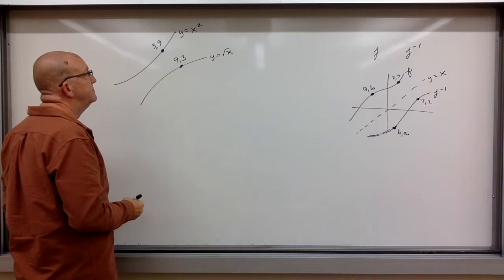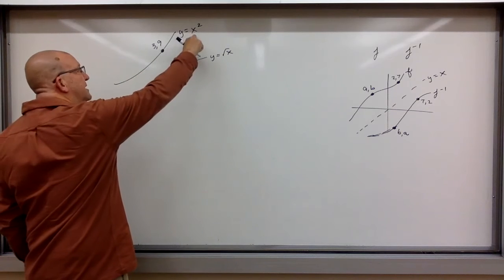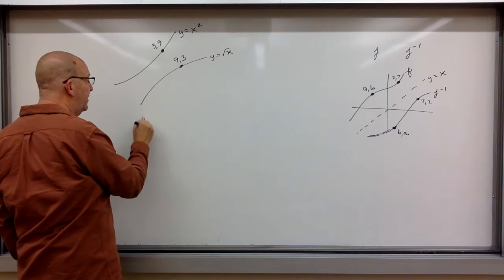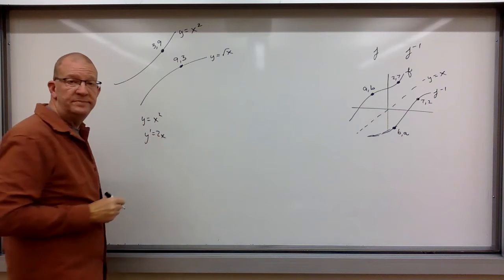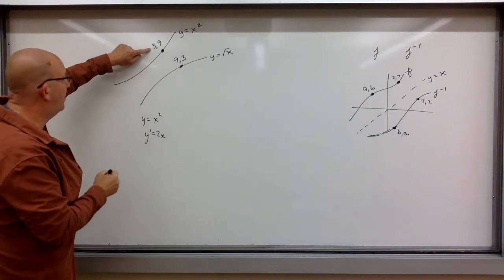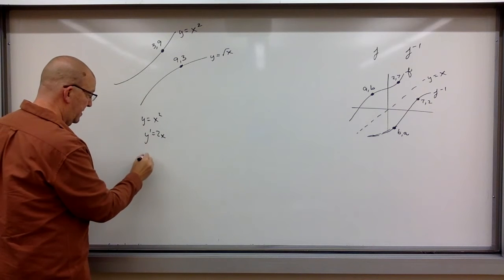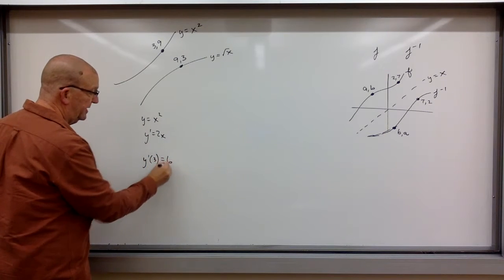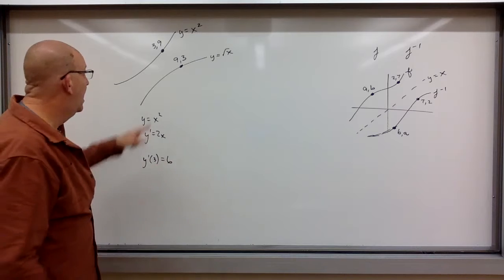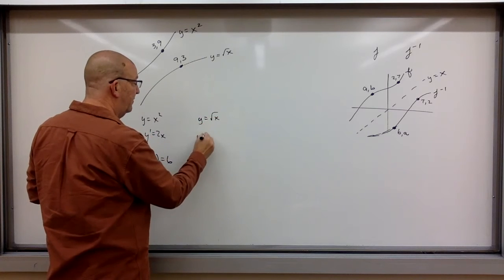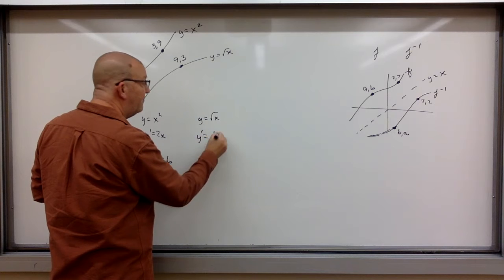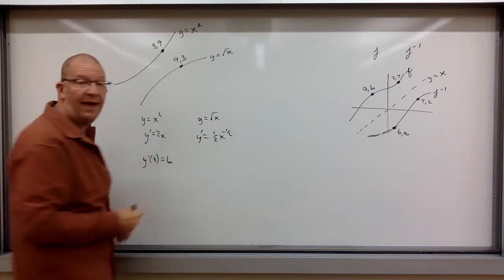Okay. So I know that y equals x squared has a derivative of 2x. And I know that y prime at 3 is 6. I know that y equals root x has a derivative of 1/2 x to the negative 1/2.